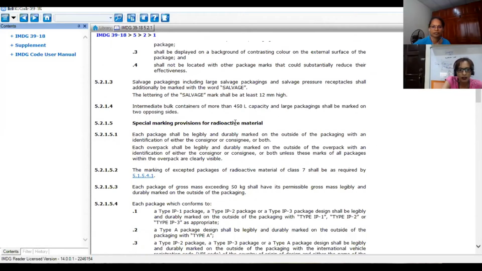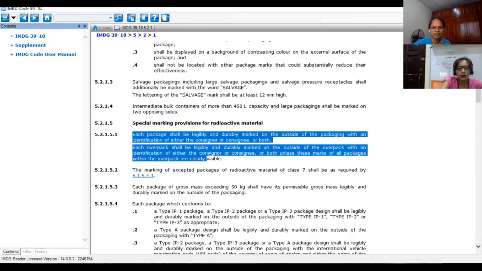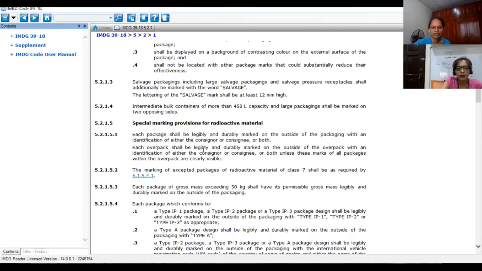This is for radioactive. So if I look at 5.2.1.5.1, I'm referring to only those that are radioactive. Each overpack shall be legibly and durably marked on the outside of the overpack with an identification of either the consignor or consignee.